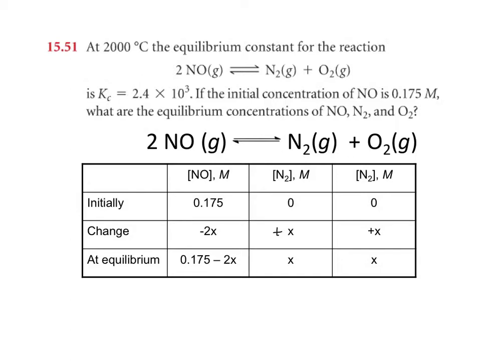But equivalently, I can express this same stoichiometry as losing minus 2x moles of the reactant and gaining x and x of each of the products. This gives me different equilibrium expressions. X won't be exactly the same, but so long as I correctly relate all of the quantities using the stoichiometry, the two ways are equivalent.